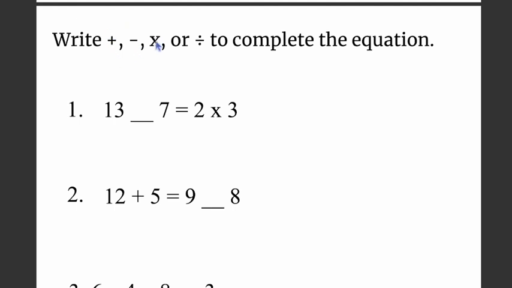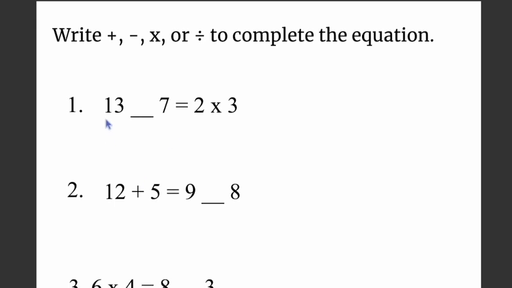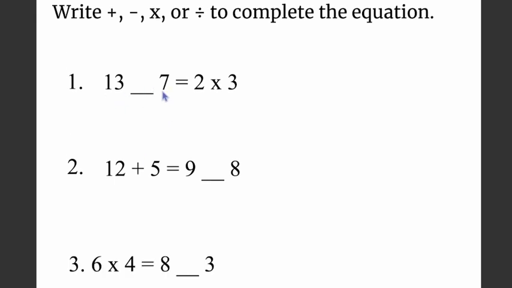Write plus, minus, times, or divided to complete the equation. Number 1, 13 blank 7 is equal to 2 times 3. The first thing we can do is evaluate this, find out what it is. If you know your times tables, you know that this is equal to 6.